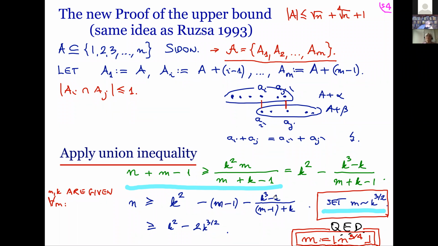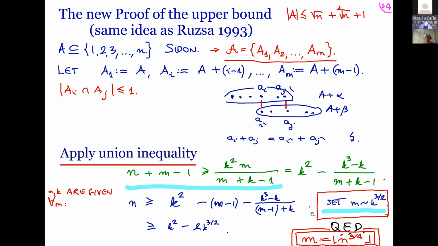And the right-hand side is the inequality, Johnson's inequality, k squared m over m plus k. We can rewrite it like this. We got n is at least k squared, subtract m minus 1 and subtract k cubed over m.